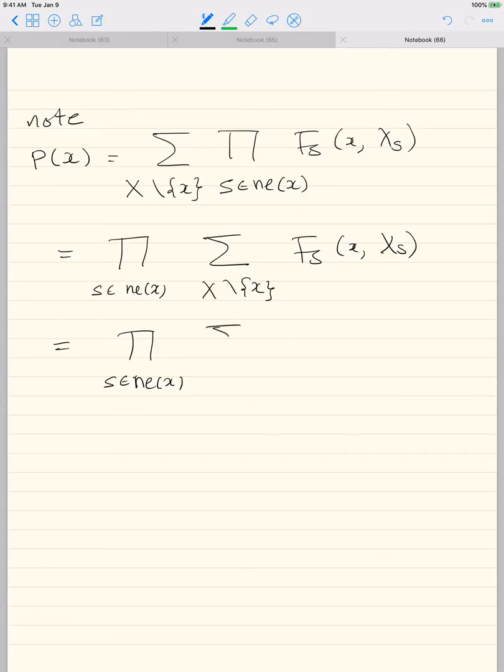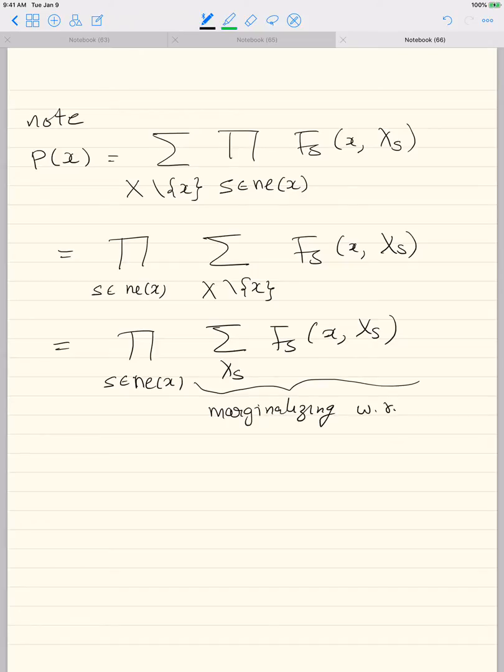So we can write this as summation over xs. And what we are doing here is that we are marginalizing with respect to xs. So fs is going to be the product of all the factors with fs as the root node, and we are summing up over all the descendant variable nodes xs.